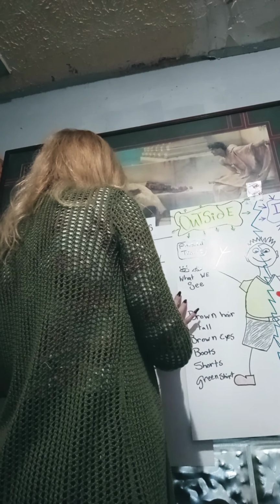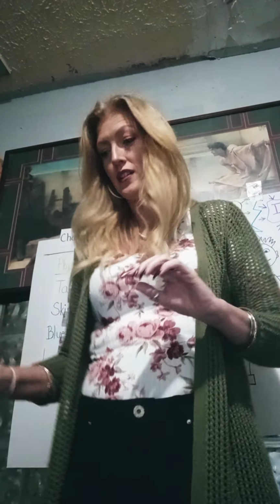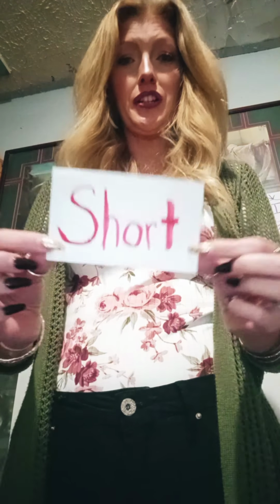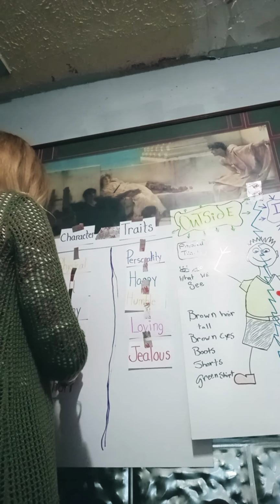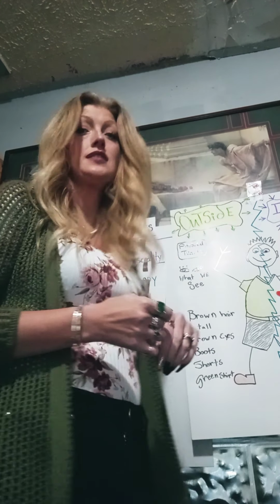You're right. It's a feeling, so it's definitely a personality trait. What about this one? Short. Physical. Physical. Very good. How do we know? Because everybody can be short. Exactly. That is a physical trait.